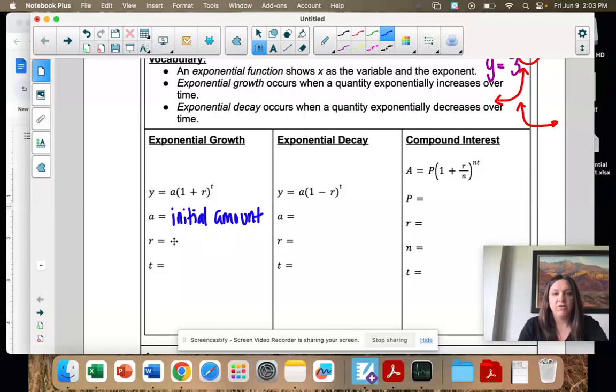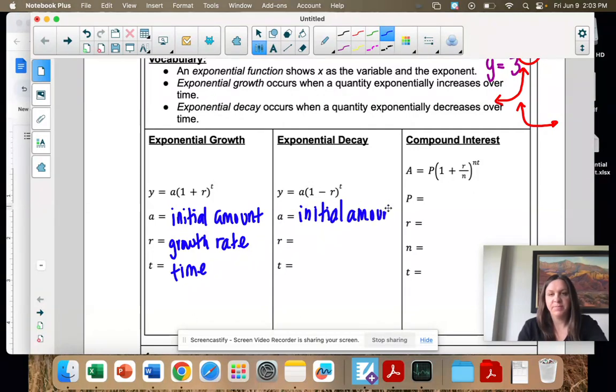R is our growth rate in this situation. And T is time. So over here it's the same. It's our initial amount, except now this is our decay rate.